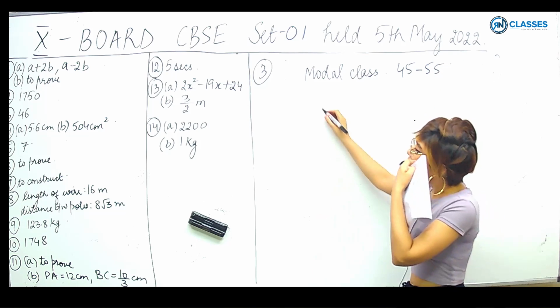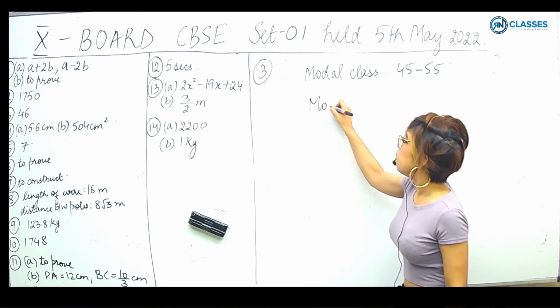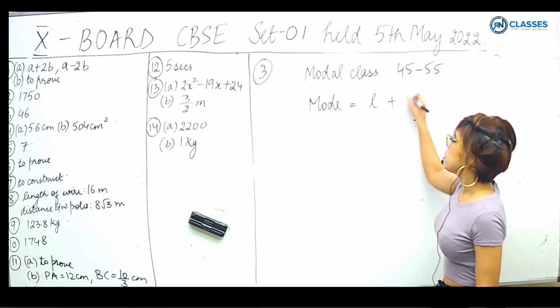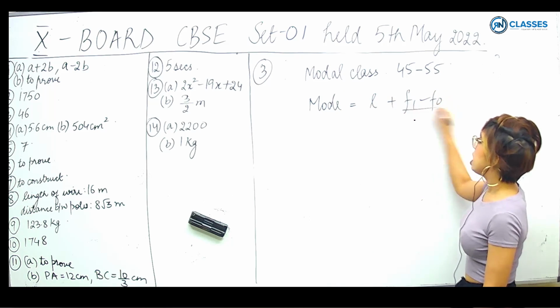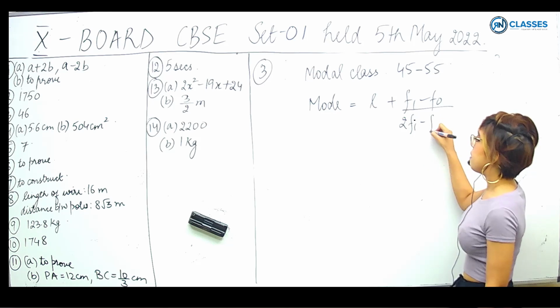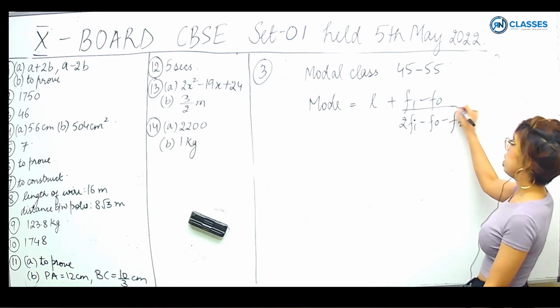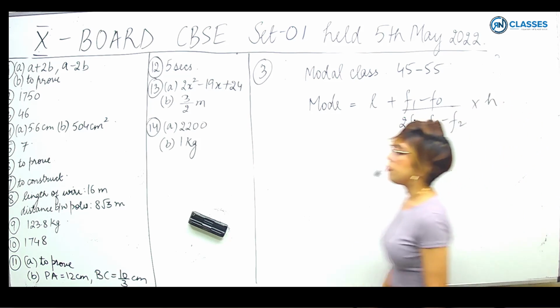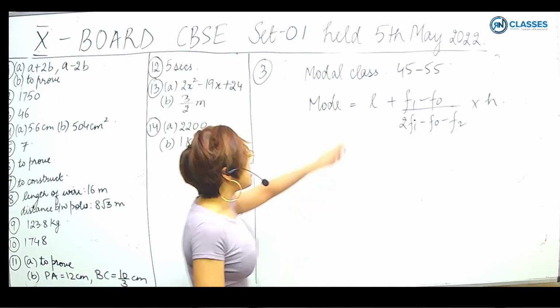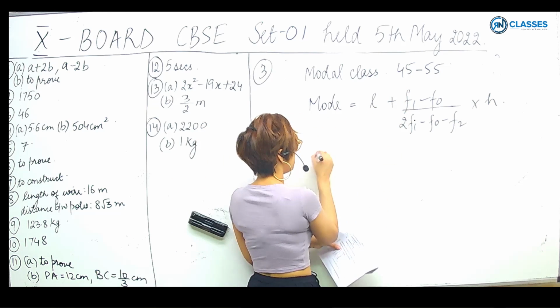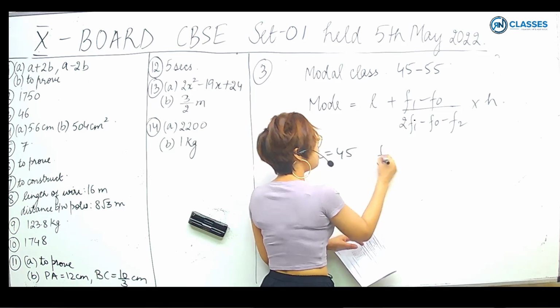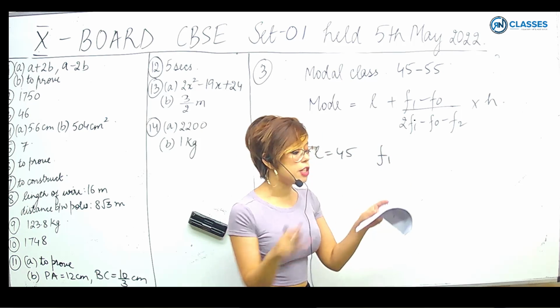Right? Formula for mode I can also write. Mode is equal to L plus (F1 minus F0) divided by (2F1 minus F0 minus F2), into H. Now obviously L is the lower limit of the modal class, which is 45. F1 is the frequency of the modal class, which is 23.